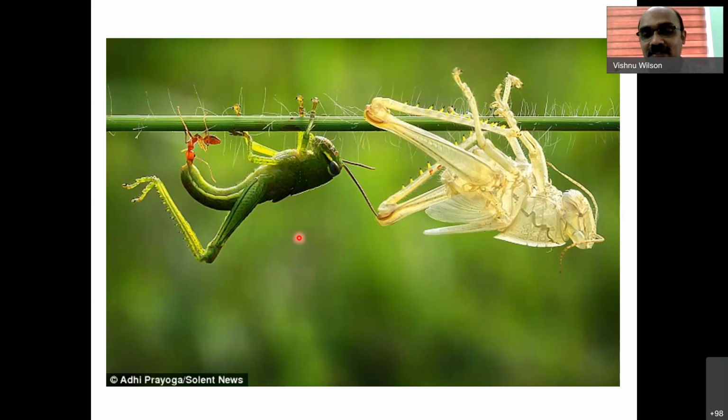So by this time the insect gets separated from the old cuticle. The old cuticle is shed, and that is called the exuvia, and you can see the new insect. Just after the ecdysis process, that is the shedding of the old cuticle, the new cuticle will not be sclerotized, that I told you.